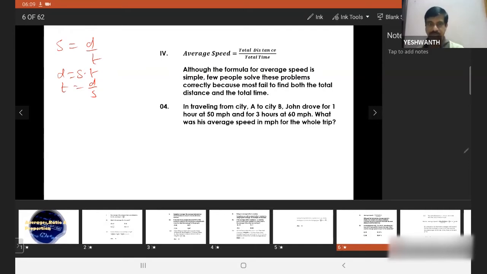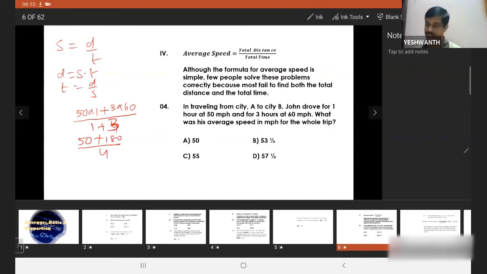So 50 into 1, plus again 3 hours at 60 miles per hour, so 3 into 60, by total time consumed, which is 1 plus 3. So 50 plus 180 by 4.